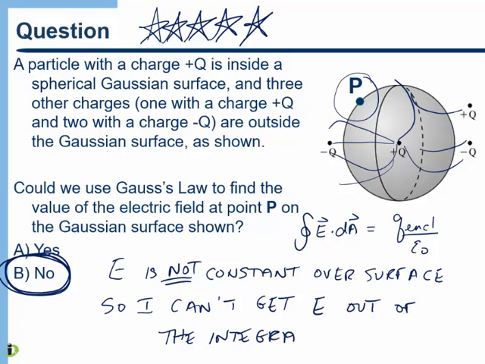So this is a problem where I can't use Gauss's law. Again, remember, Gauss's law can only be used to solve for the electric field in symmetrical situations, and for us those are spherically symmetrical. This is clearly not spherically symmetrical the way those charges are distributed. So if I wanted to know the electric field at point P, I'd have to go back to the way we learned to do it previously before we covered Gauss's law. I cannot use Gauss's law to find that electric field.